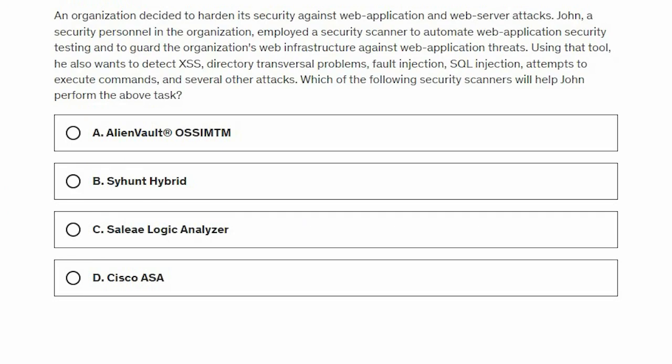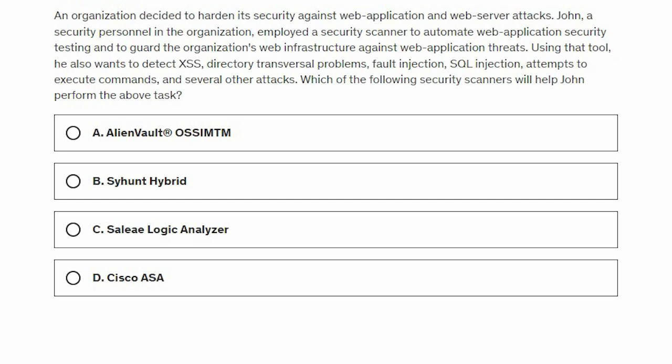An organization decided to harden its security against web application and web server attacks. John, a security personnel in the organization, employed a security scanner to automate web application security testing and to guard the organization's web infrastructure against web application threats.